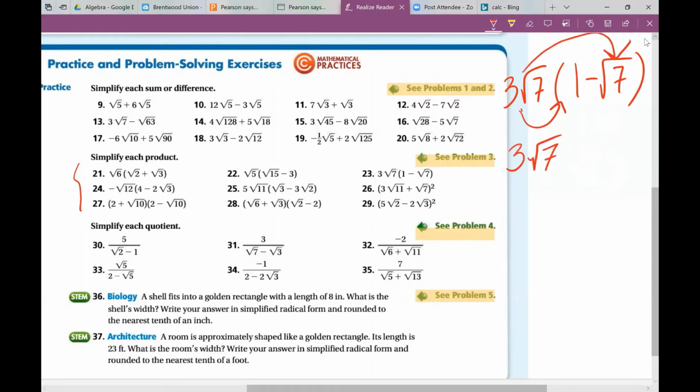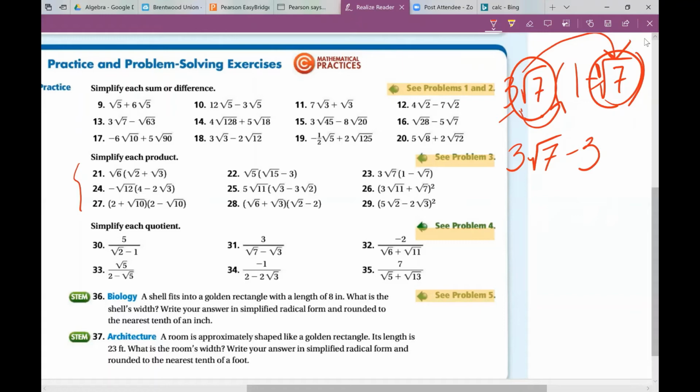And now I'm going to do 3 radical 7 times negative radical 7. So there's really a 1 here. 3 times negative 1 would be negative 3. And radical 7 times radical 7, well, that's a pair of 7s. It's really the square root of 49 if I was to combine these together.